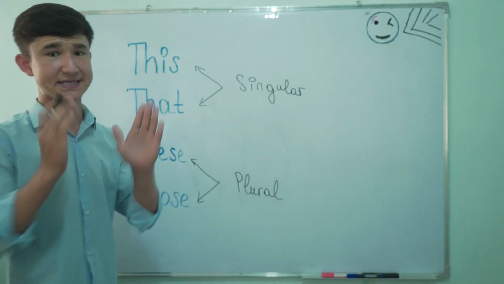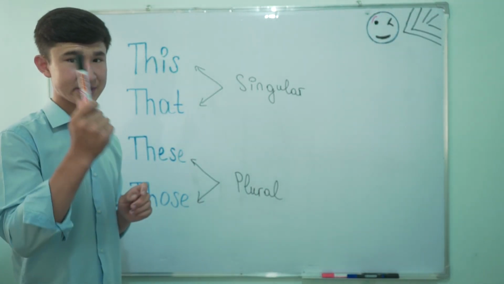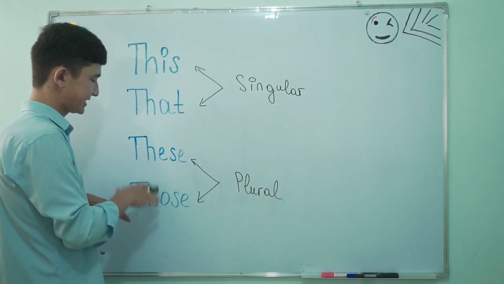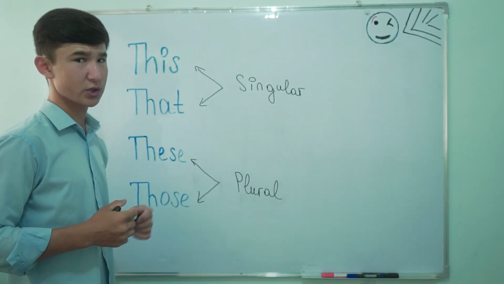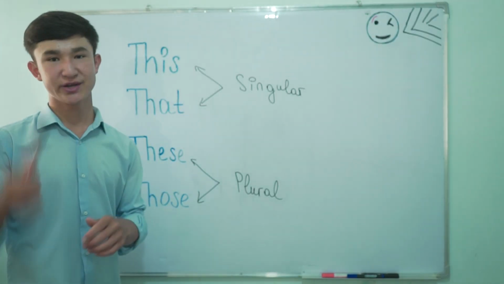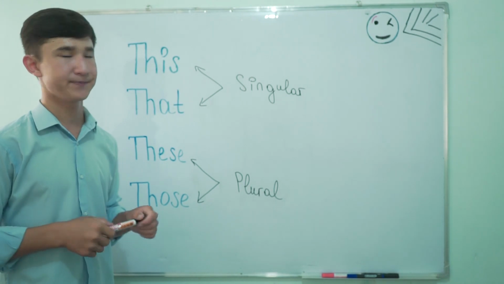Singular means single, it means one. These and those are plural. Plural, it means more than one, two or more, okay?